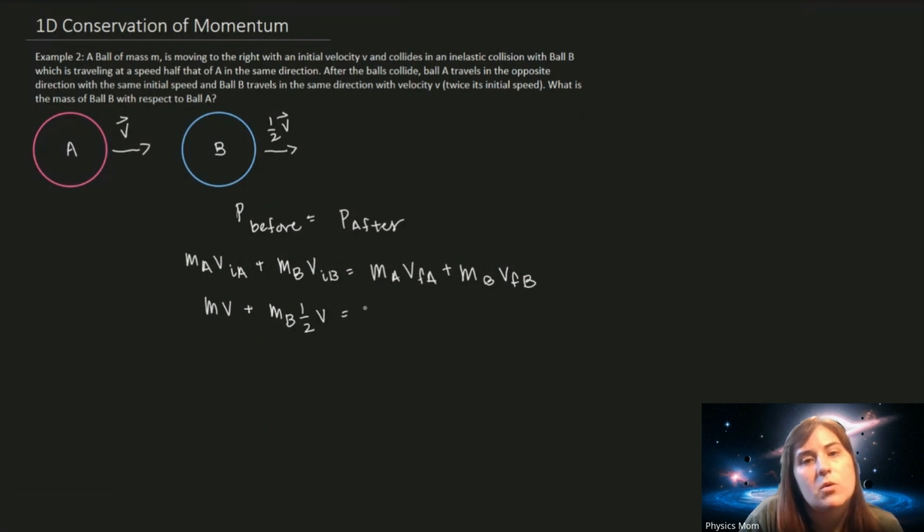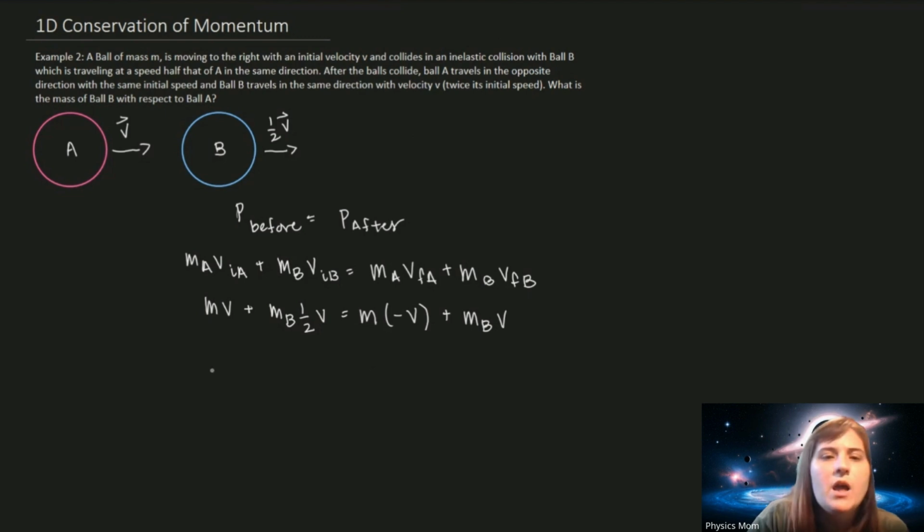This is then going to equal the mass of A, m, times the final velocity of A. It tells us ball A travels in the opposite direction with the same initial speed, so this is just going to be negative v, plus mB, which again we still don't know, times the final velocity of B. It says ball B travels in the same direction with velocity v, so twice its initial. If it was 1/2 before, now it's just 1, so v.